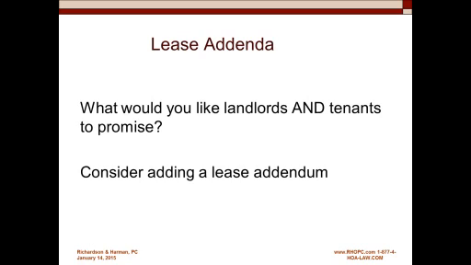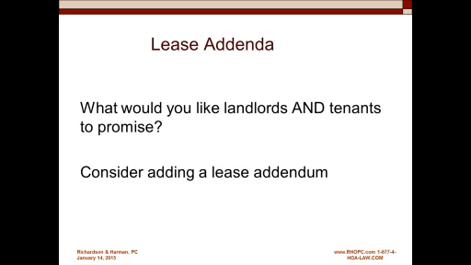The lease addendum can say a variety of things. The lease addendum might be the document where, for example, the homeowner signs a promise that says, "I promise to abide by the association operating rules and regulations, and I agree that if I break those rules, the association can bring me in for a disciplinary hearing." There are many other things you can do with a lease addendum depending upon the needs of your community.